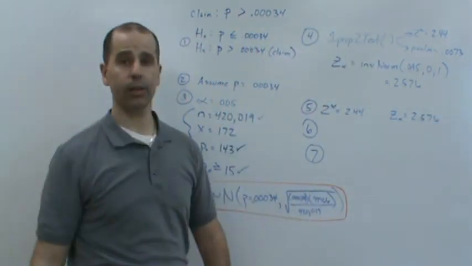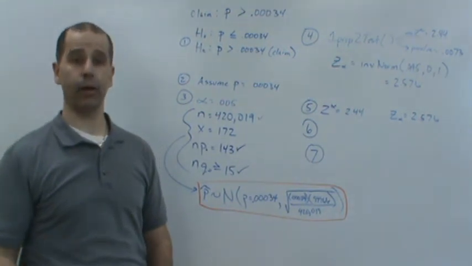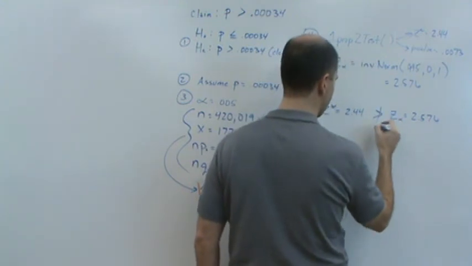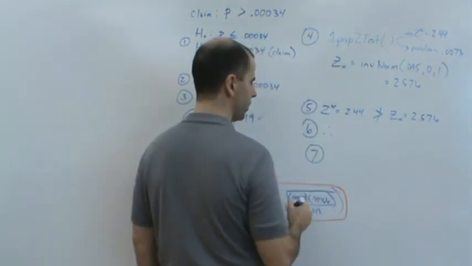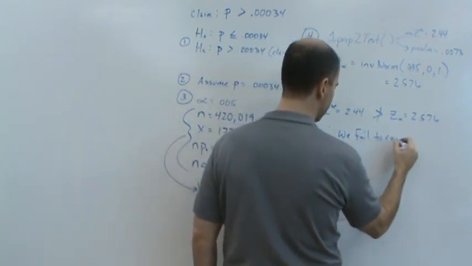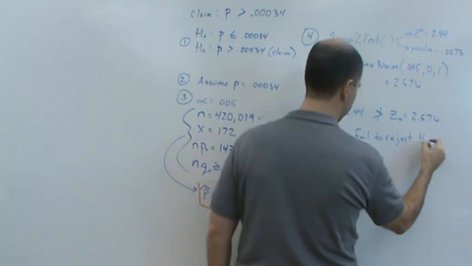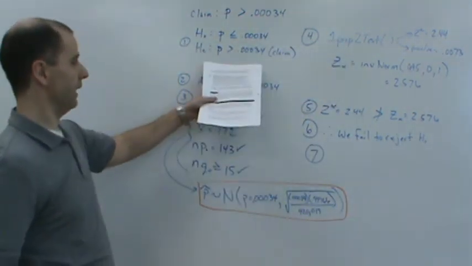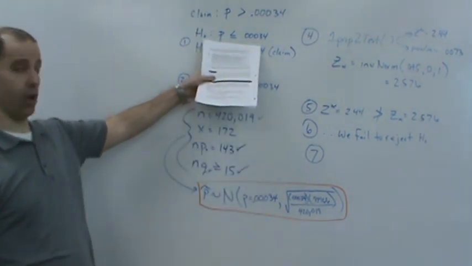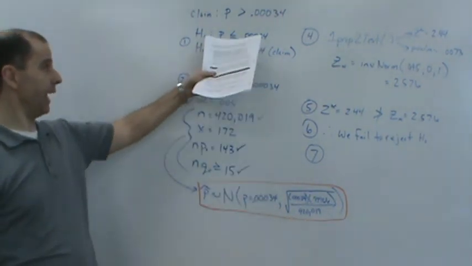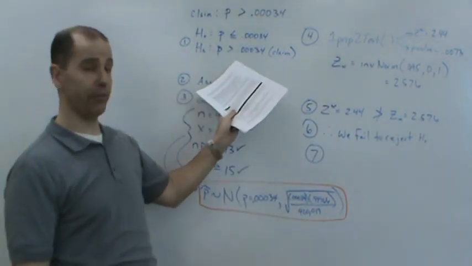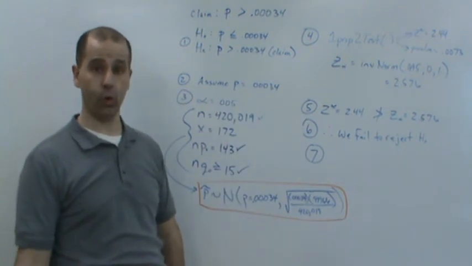And is our test statistic greater than or equal to our critical value? No, it is not. So therefore, what's the conclusion? We fail to reject the null. And so based on the claim, is there enough evidence to support the claim? No, because we failed to reject the null. We're assuming the null is true, and we failed to reject that assumption, so there's not enough evidence to support the alternative or the claim.